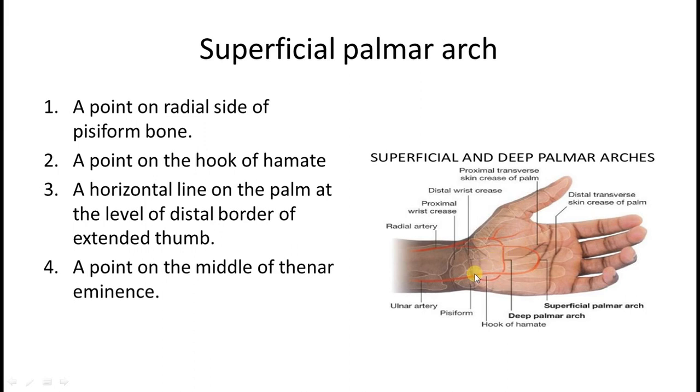First point pisiform, second point hook of hamate, third point a horizontal line drawn in the palm opposite the level of the lower border of extended thumb, and then a point on the middle of the thenar eminence. You connect all these 4 points and there you will get the surface marking of the superficial palmar arch.